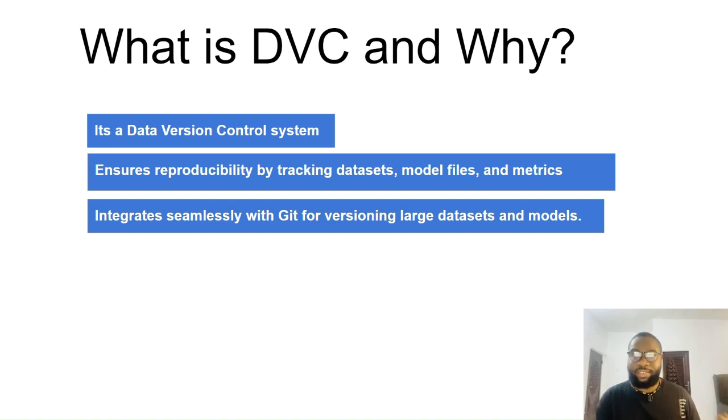The way you can keep versions of your code with Git, you can also do the same thing with DVC, keeping versions of your data set and models, right? So you can think about it that way. The DVC commands are similar to the Git commands, just that you put DVC instead of Git, right?